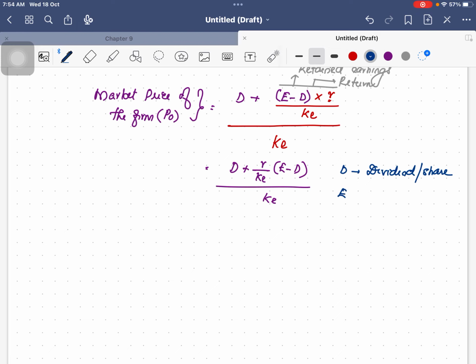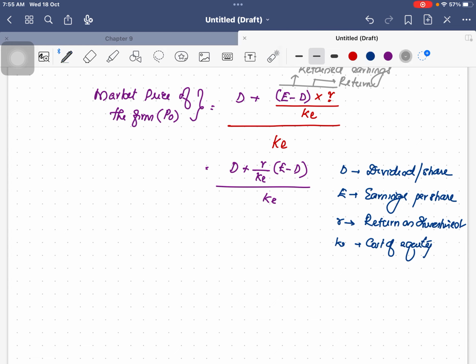E is the earnings per share. R is the internal rate of return or return on investment. K is the cost of equity, or I can say this is the capitalization factor.